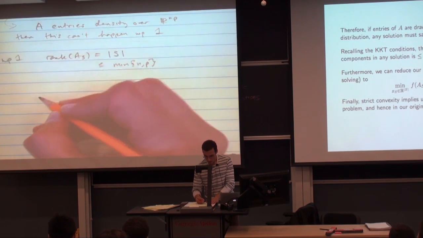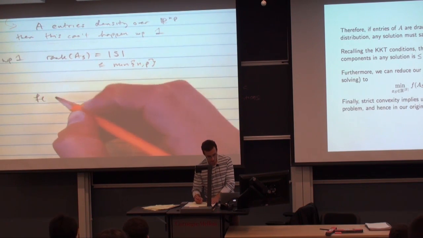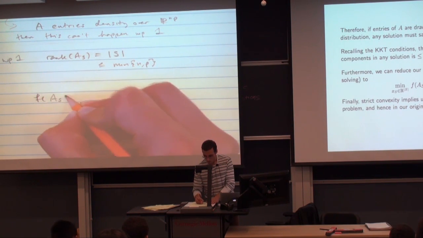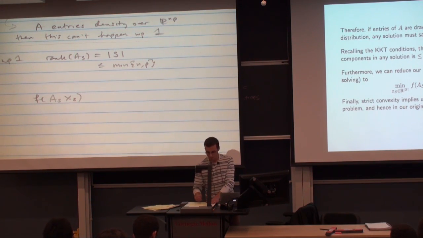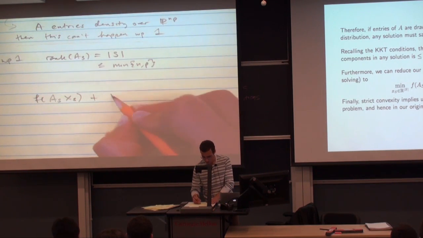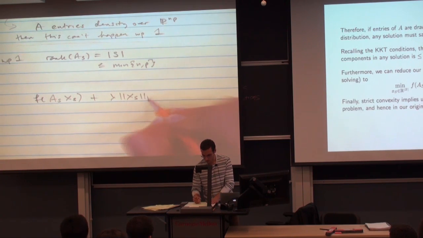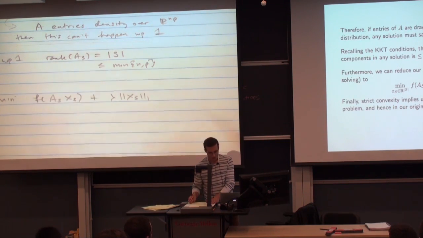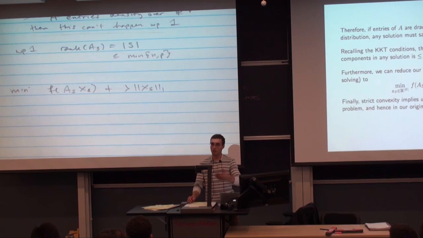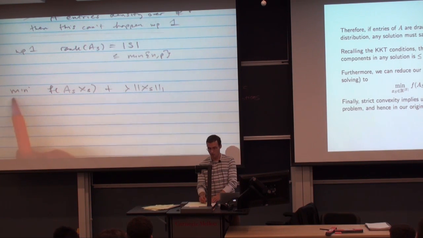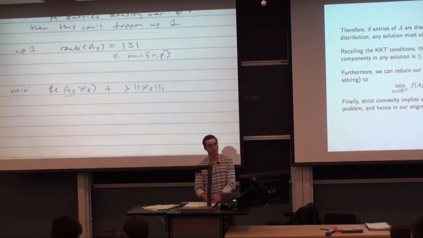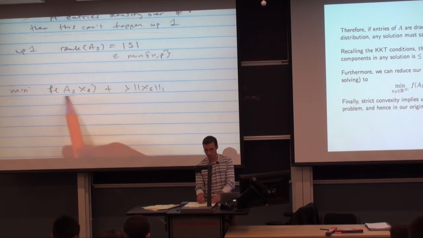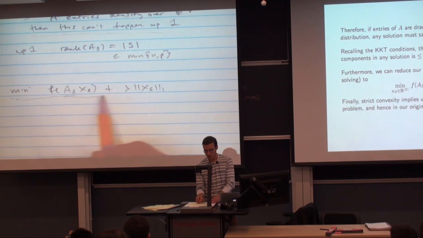The very last step in our argument is that, okay, so that's linearly independent. So let's go back to our optimization problem, and now let's plug in 0 for all the variables outside of S. Then that gives us this as our optimization problem. We've partially solved it. Now the goal is, because we know it's 0 outside of S, to solve for the variables inside S. But because A_S has full column rank, the columns of A_S are linearly independent, this problem is strictly convex.